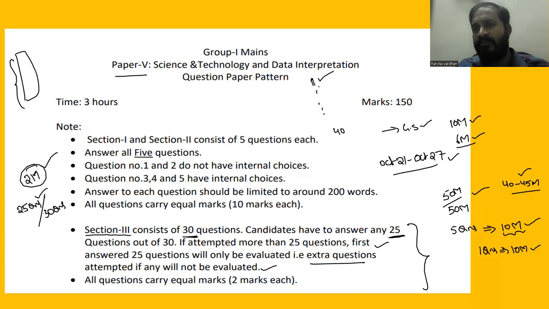If you know how to solve the problem perfectly, and if you are really good at that, attempt that question. If not, go for the 12th question. If you are not good at the 12th question also, then go for the 13th question.